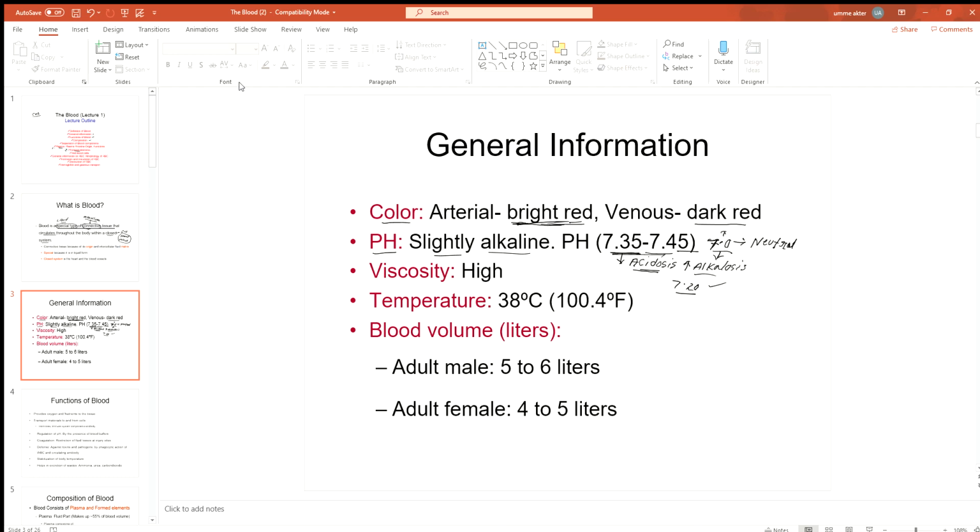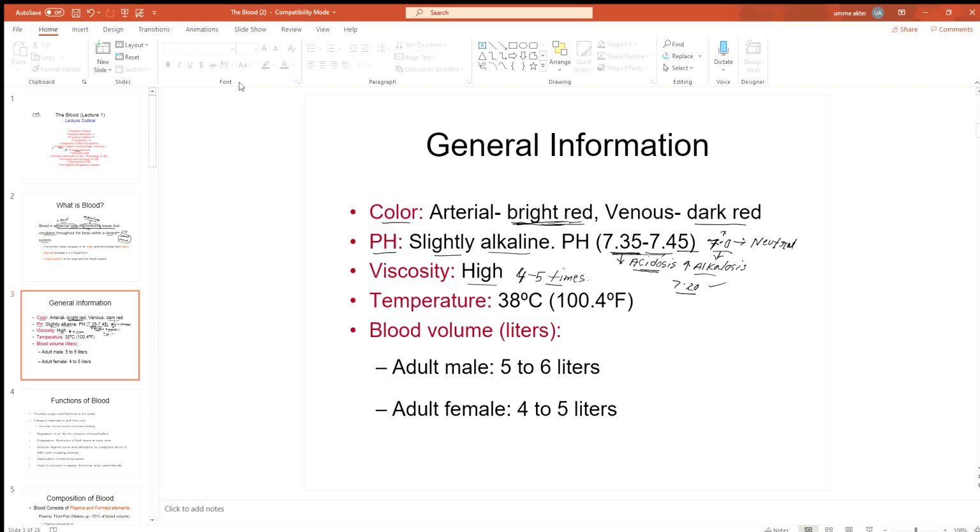Viscosity of blood is high, 4 to 5 times more viscous. Now viscosity means the thickness and stickiness of the blood. So blood is more sticky and thick than the water.